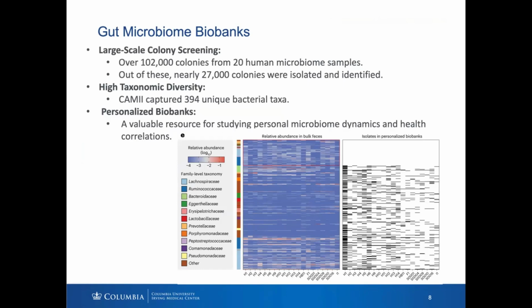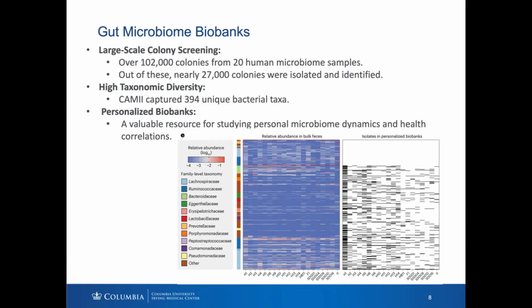And then out of these, nearly 27,000 colonies were isolated and identified. So this just shows you, within the span of a few months, how effective this entire system is, and how efficient it is in generating a huge amount of data related to the identification and storage of different bacteria.